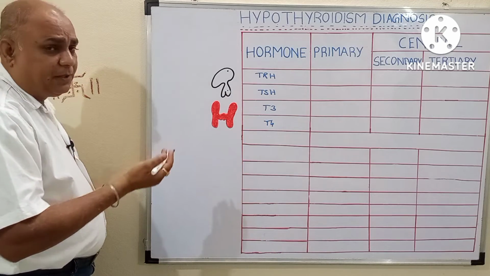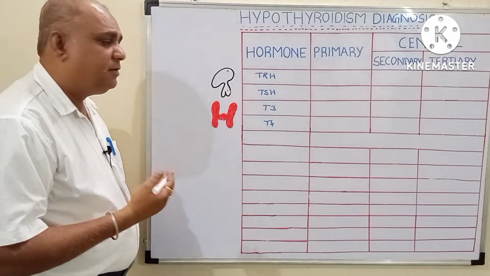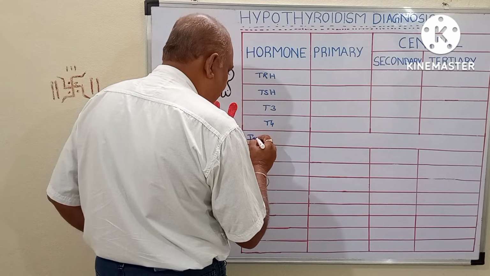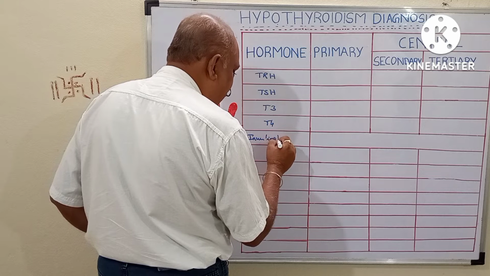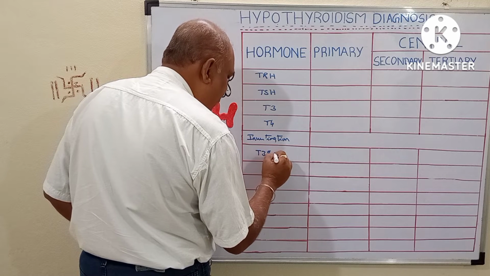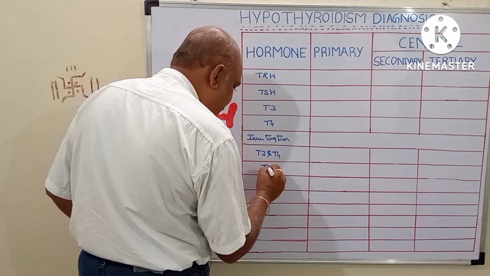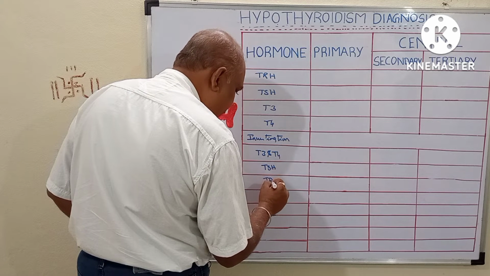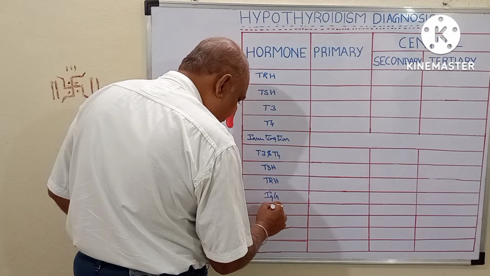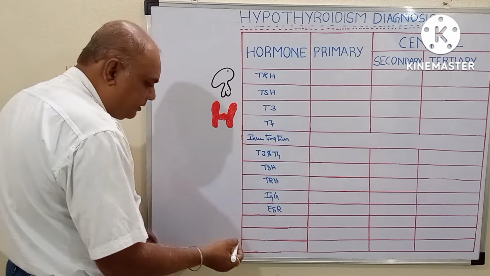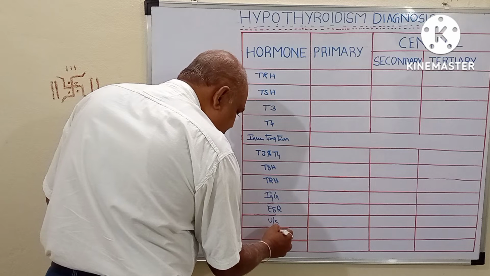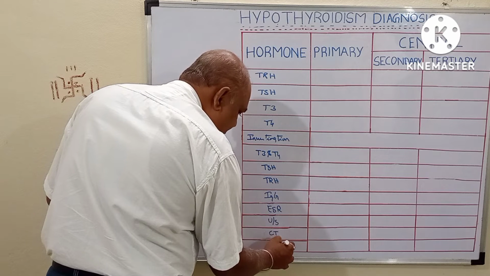Now, to diagnose hypothyroidism, there is a list of investigations which may help us to study it. These are T3 and T4, TSH, TRH, antibody tests, sedimentation rate, ultrasound, CT scan and MRI.